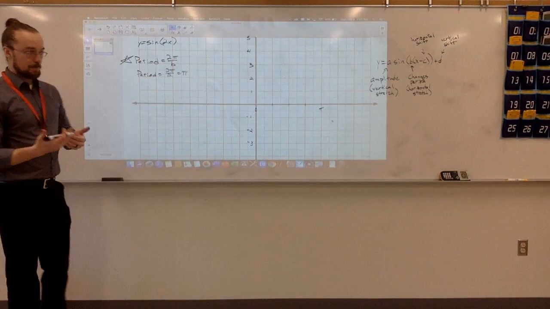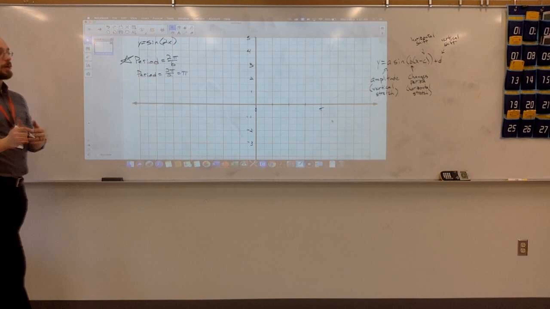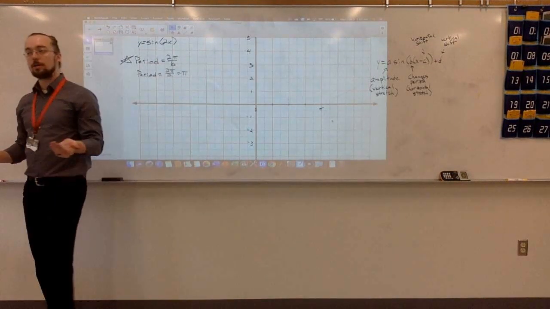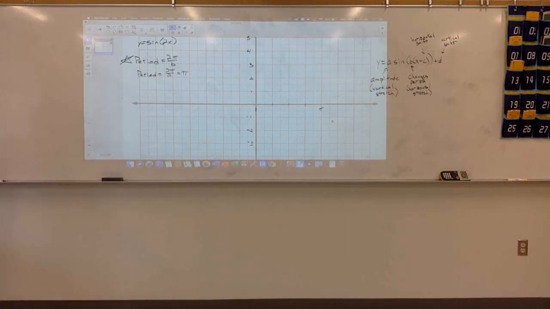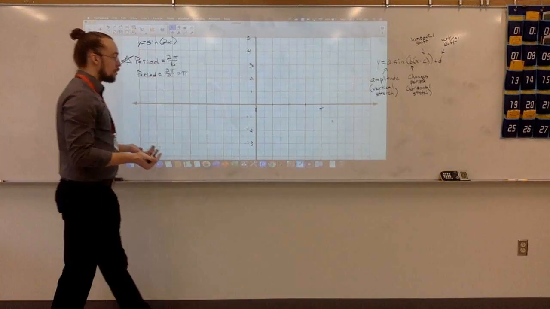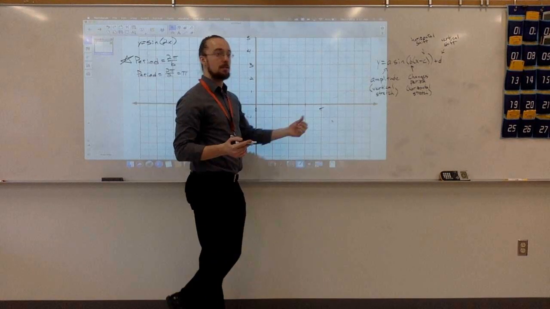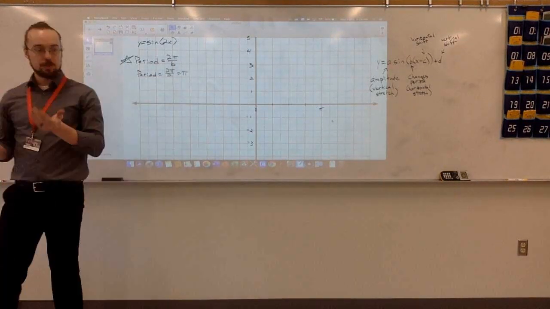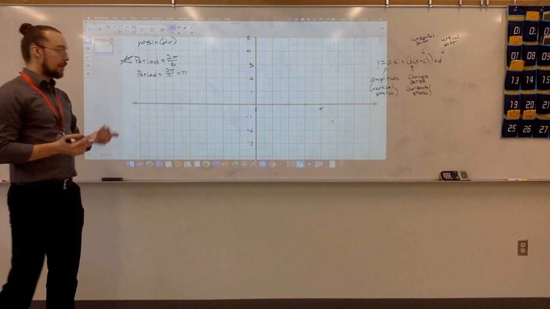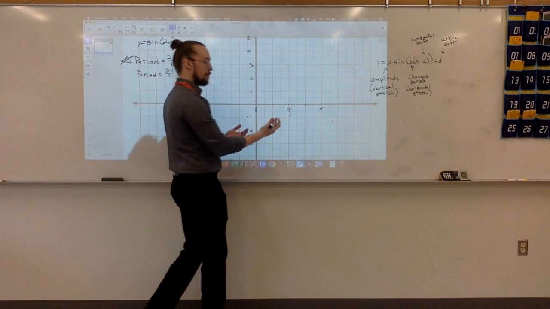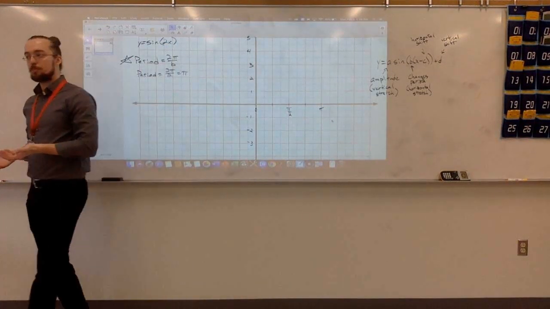So the foolproof way of doing it is just take the average of your starting and ending point. That's going to get you to the point right in the middle. Okay. So if we take the average of 0 and pi, we add them together and divide by 2. So 0 plus pi divided by 2 is pi over 2. Right? For this function, that should be pretty obvious. Okay?